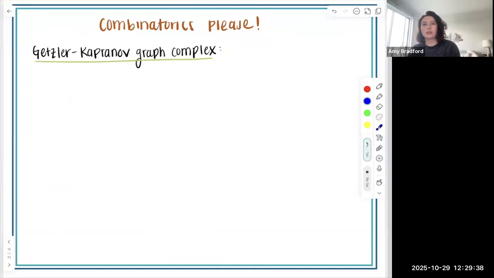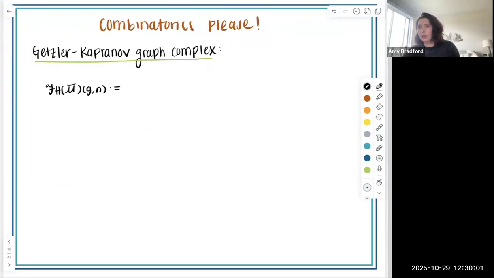And so let's just move finally into the combinatorics. What I'm going to do is build a graph complex for you. Underlying this graph complex is going to be this vector space, which I define as F_H M-bar_{g,n}.